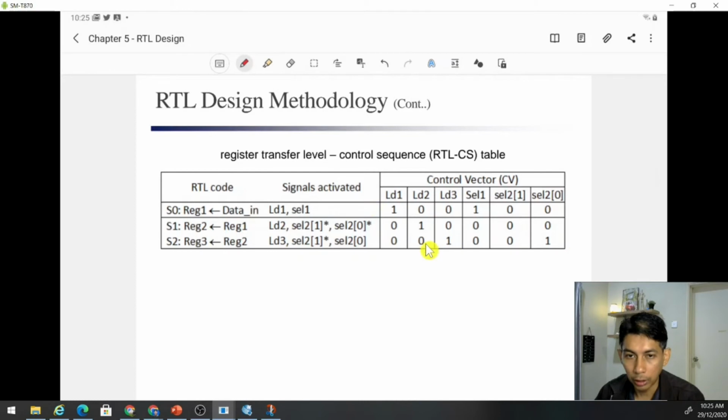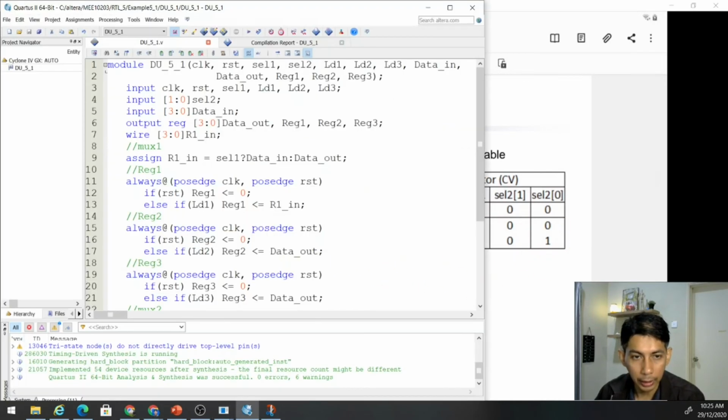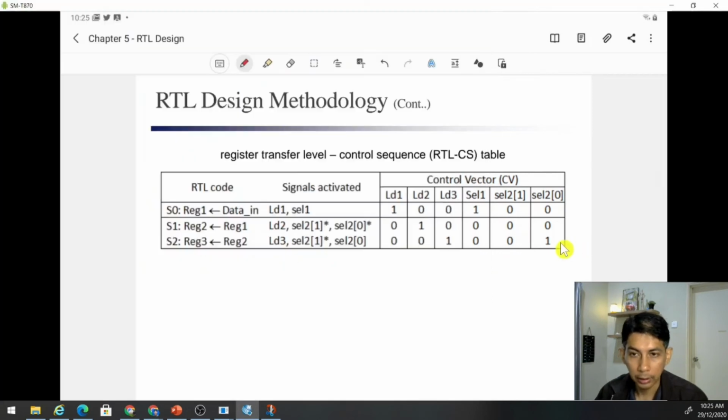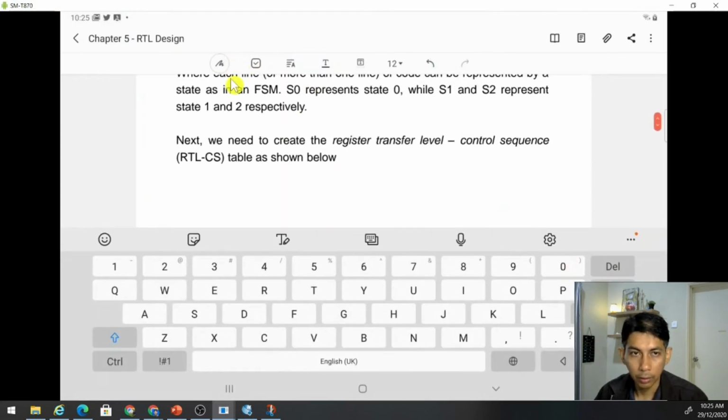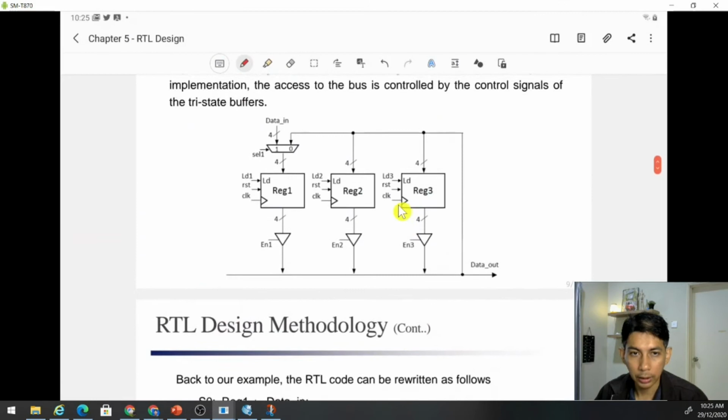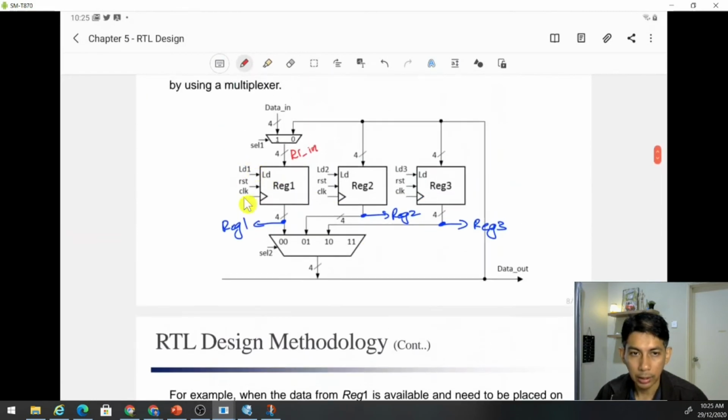These outputs will be connected to this so that it will activate the right signal at the right time.